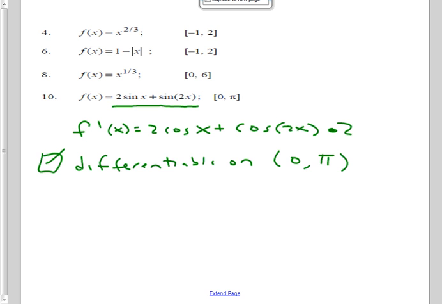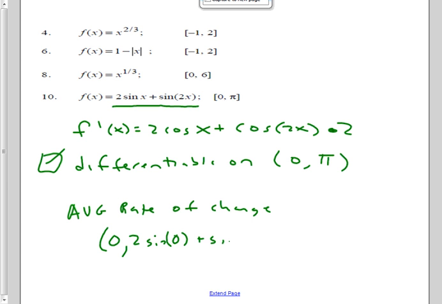So we need to find the average rate of change, or the mean value. Well, we know that at 0, my y value is going to be 2 sine of 0 plus sine of 0. And sine of 0 we know is 0, so it's just the point 0, 0.